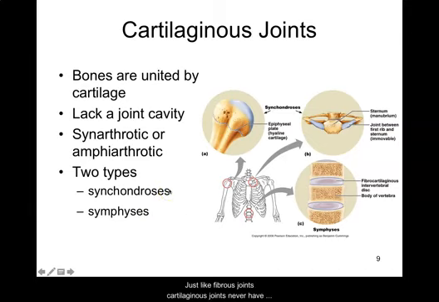Just like fibrous joints, cartilaginous joints never have a fluid-filled joint cavity surrounding the articulating surfaces, and the articulating surfaces are mainly connected by cartilage. When that cartilage is hyaline cartilage, we call the joint a synchondrosis joint. When the cartilage is fibrocartilage, we call the joint a symphysis joint.